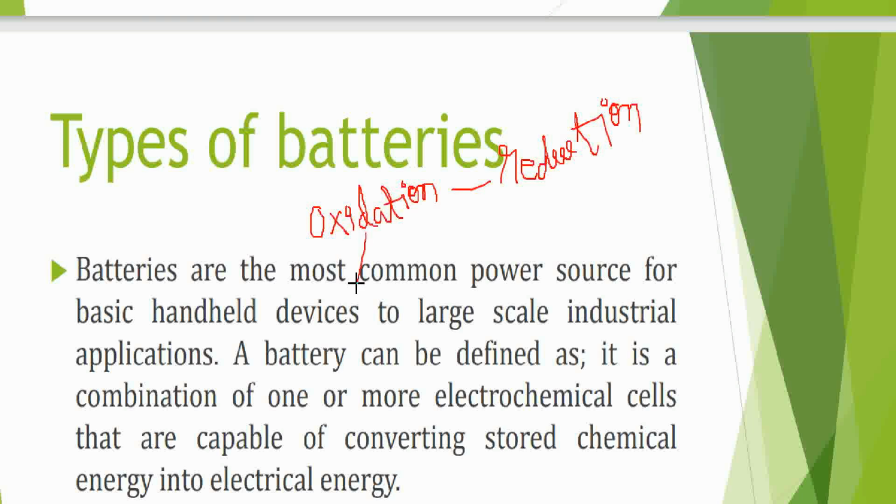So where does this oxidation take place? In the anode. A battery consists of one anode and one cathode.